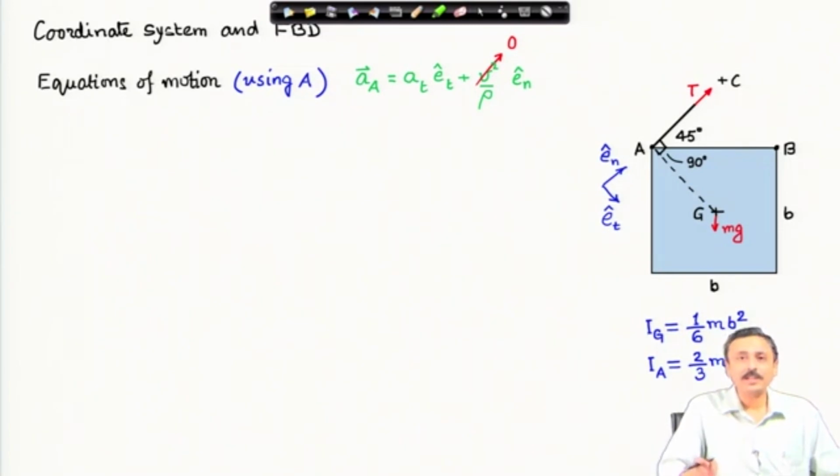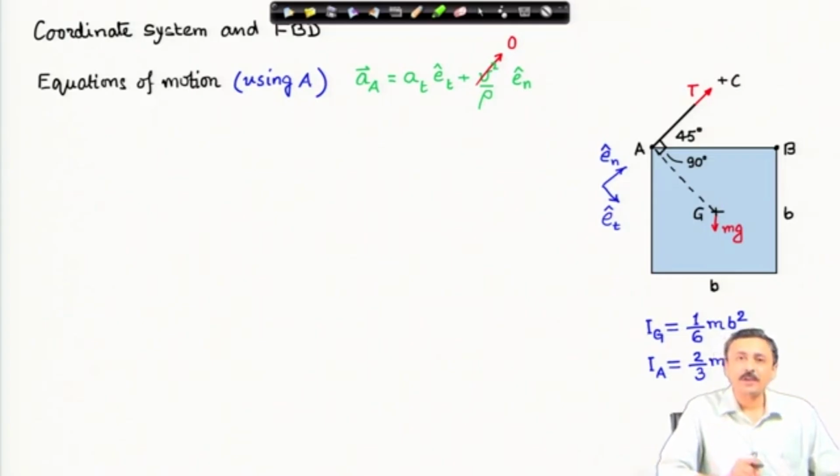Therefore, I have taken this tangent normal system aligned with that path. So, the tangent direction et cap is the direction in which A will move along that circle, and en is the normal direction towards the center of curvature.